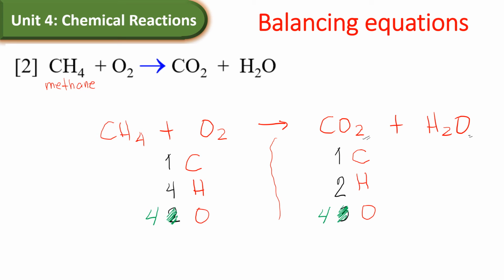So which should I use, the CO2 or the H2O? I think we can adjust here with your H2O. If I add 2 here, your hydrogen will become 4 without affecting your carbon here. So I think this is now the final answer.